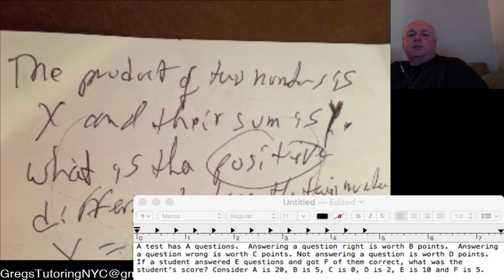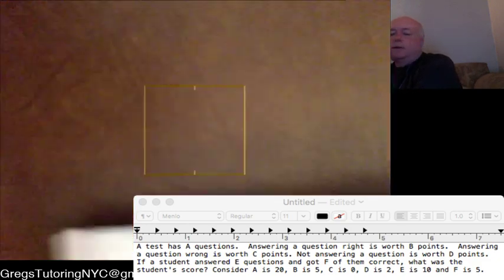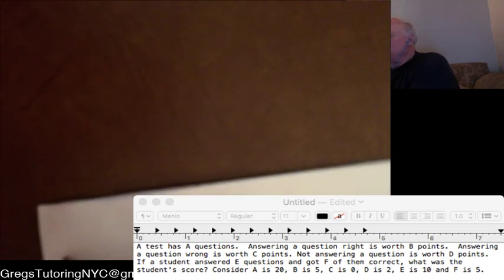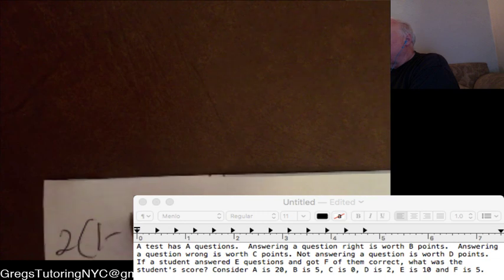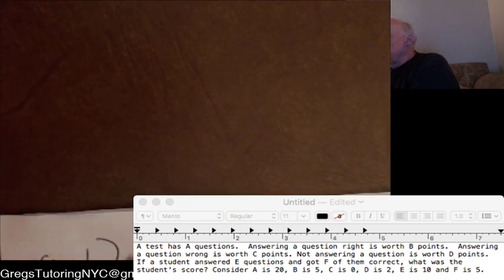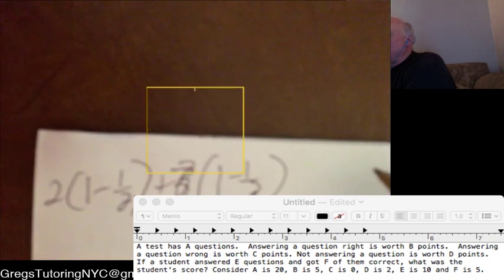All right, let's do another problem. Here's a cutesy one, a very cutesy one. So we have 2 times 1 minus a half, plus 3 times 1 minus a third. Let's see, can I get that fitting on the screen?